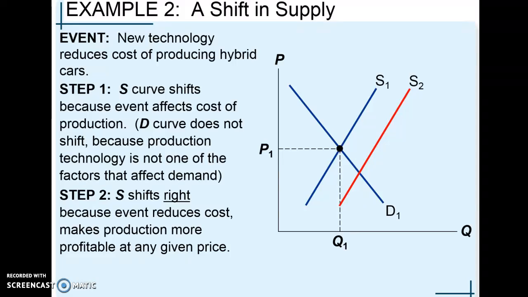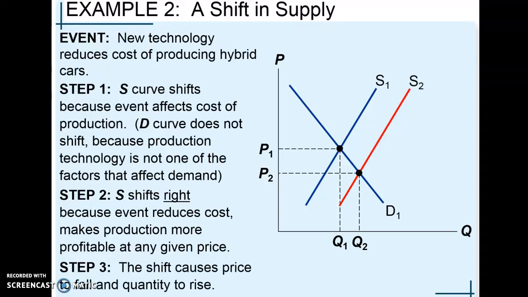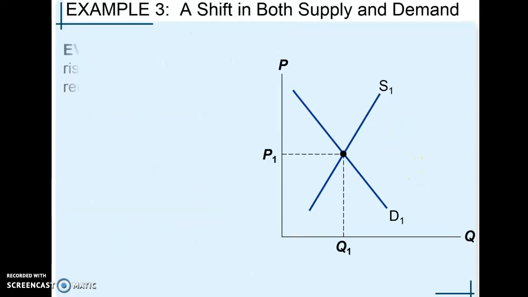The shift in the S curve occurs because production is more profitable at any given price. We started here at P1. The S curve has shifted to the right, so now equilibrium is at P2 and Q2.